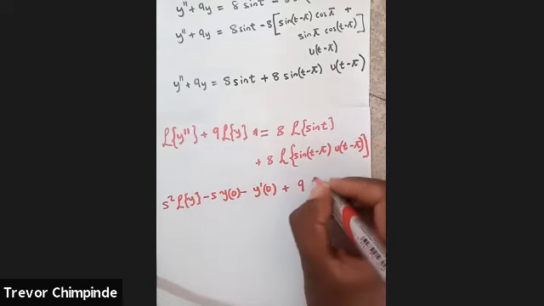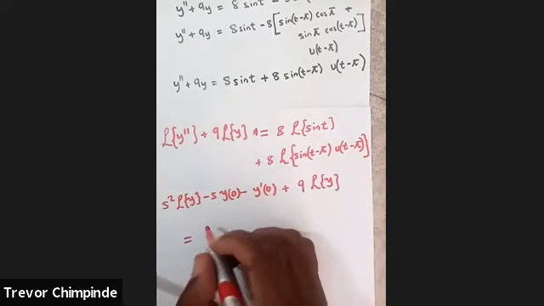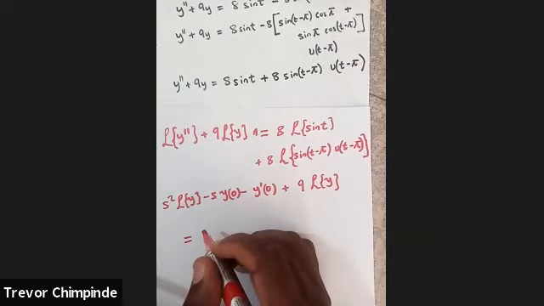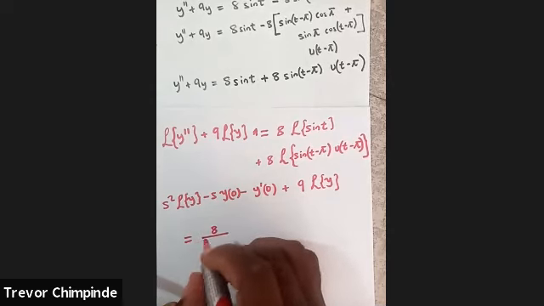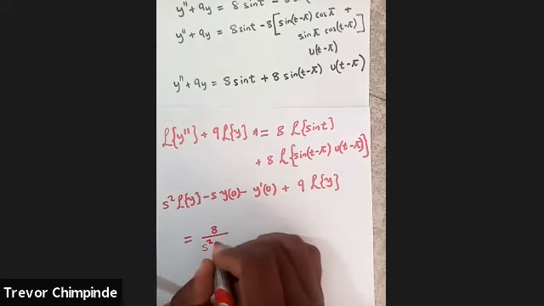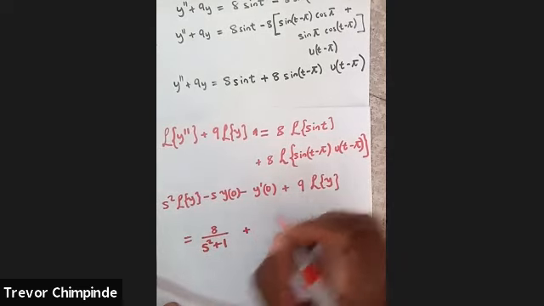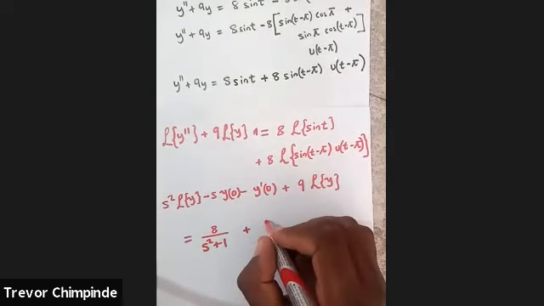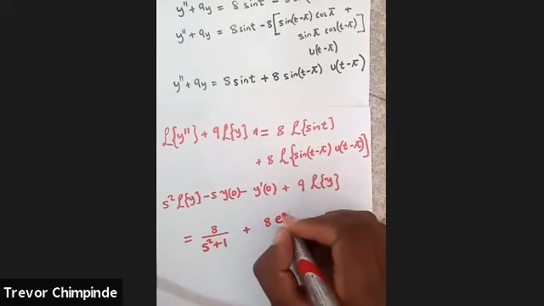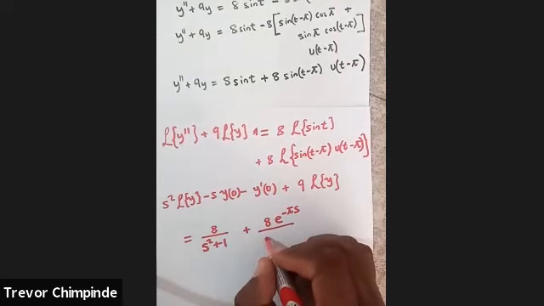Plus 9 Laplace of y is equal to, on the right-hand side, Laplace of sine t, so this will be 8 over s squared plus 1. And the last term, using the t shifting, is 8 e to the minus pi s, then over s squared plus 1.